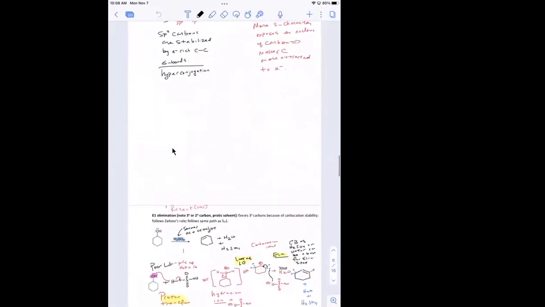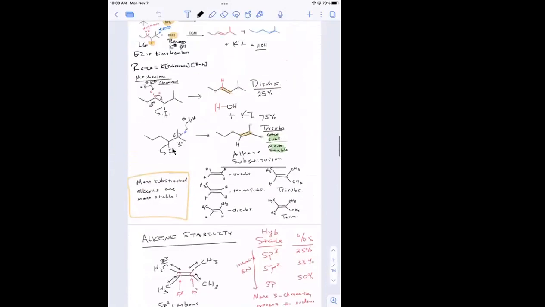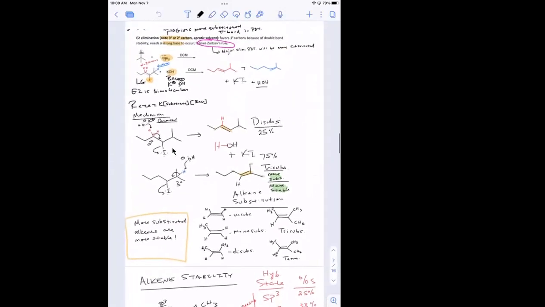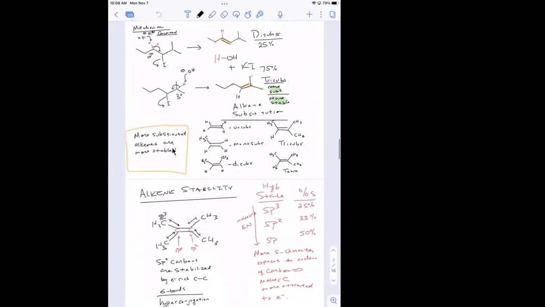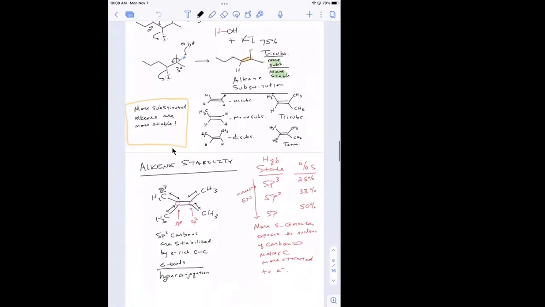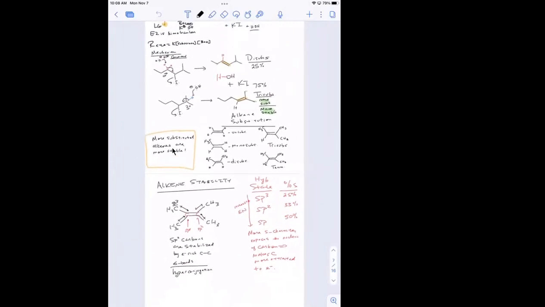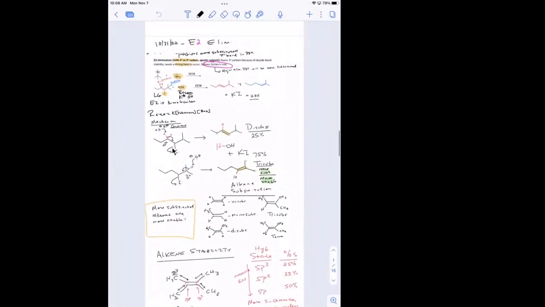Yes, we did. There's only one other thing I want to talk about with the E2, and that's the transition state and the geometric requirement for E2. So let's talk about that.